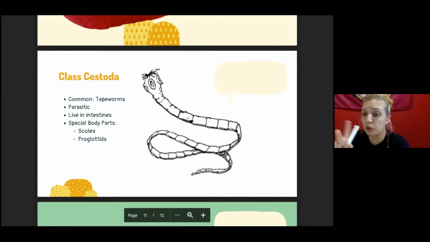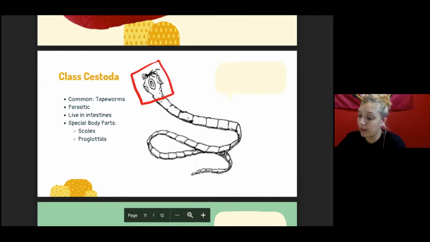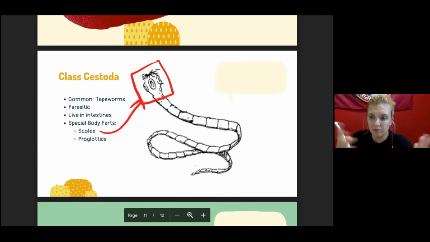They have two special body parts. The first body part is this top part, that is the scolex. The scolex is the head, and it has two different ways that it stays attached to the organism's intestines. And it's very good at it.